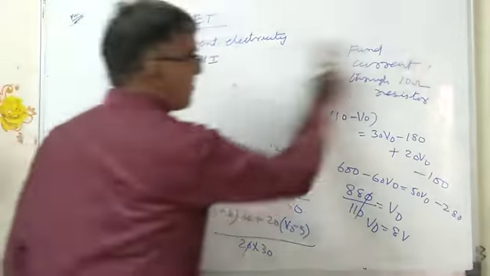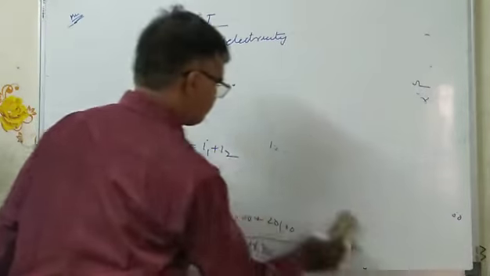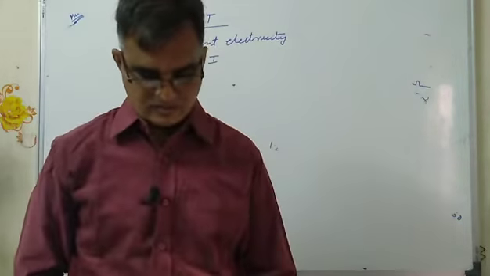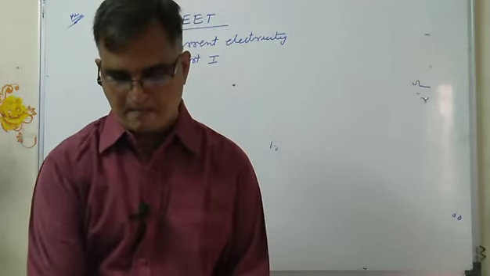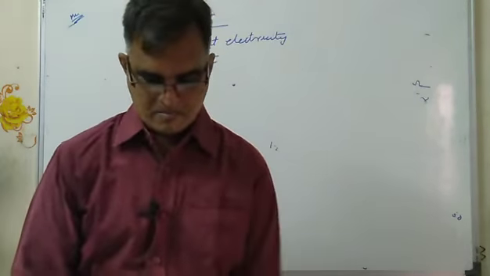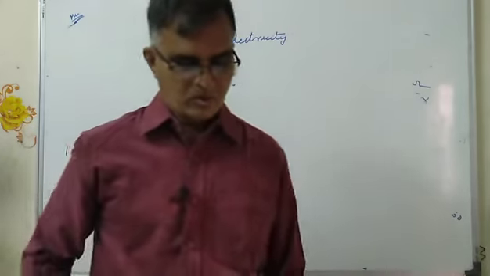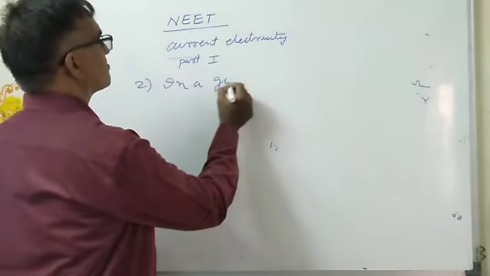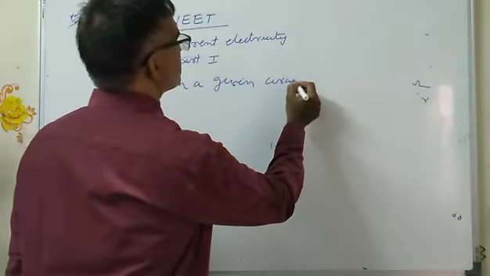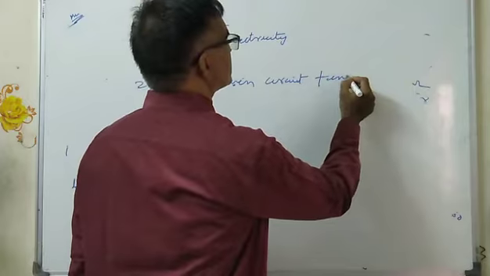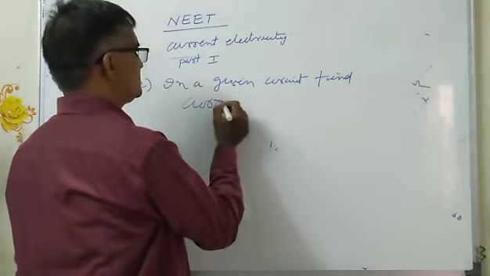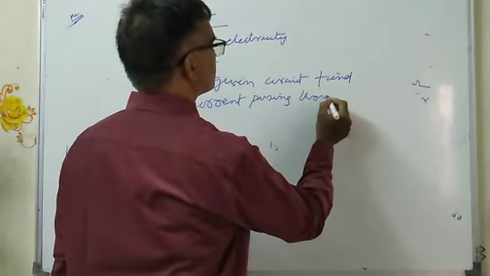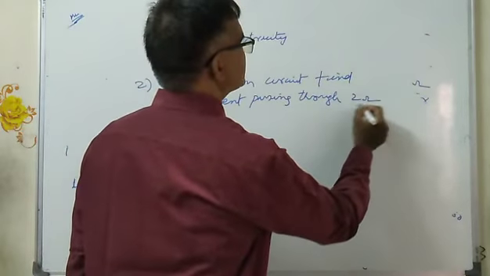And next problem: in a given circuit, find the current passing through the 2 ohm resistor.